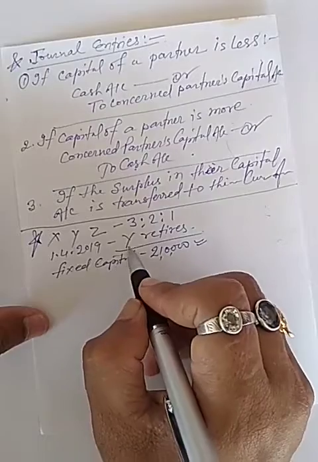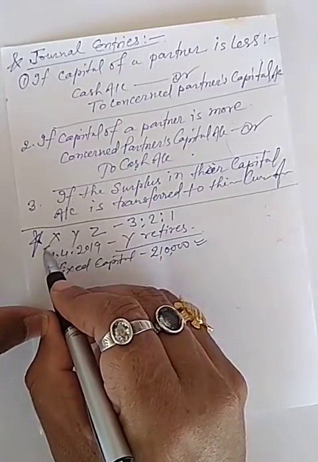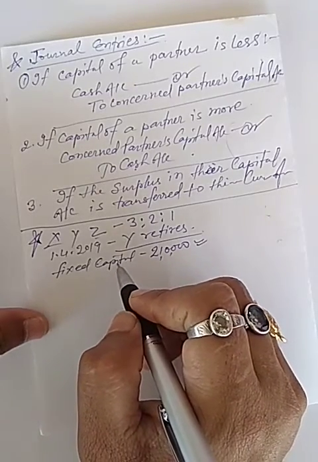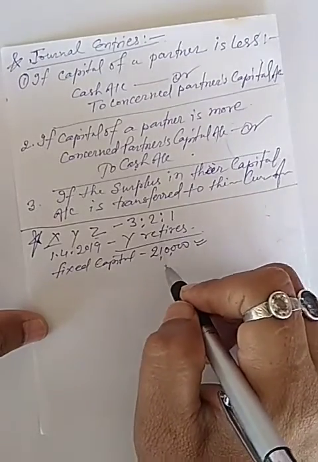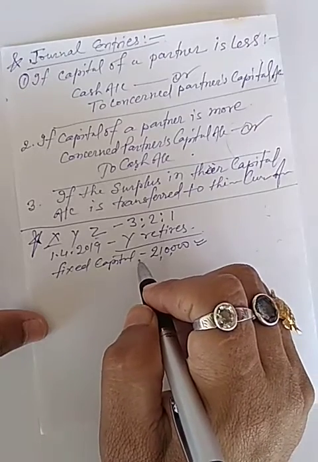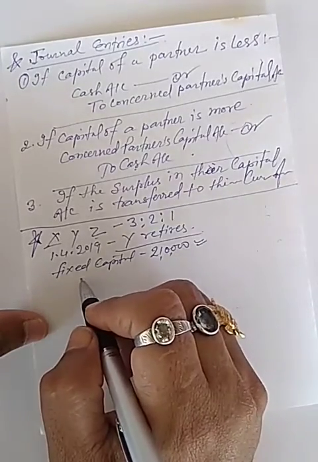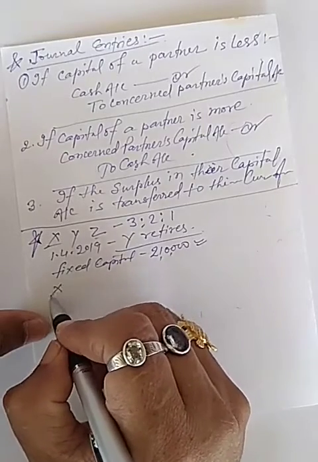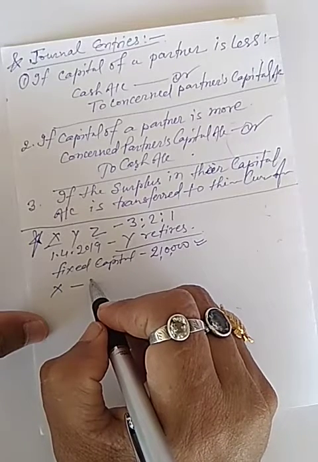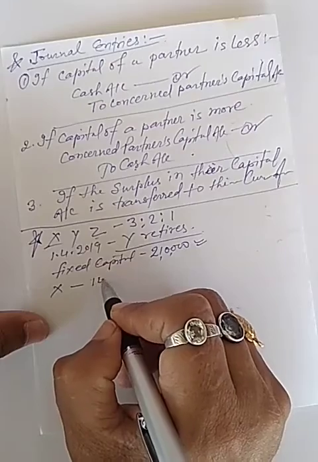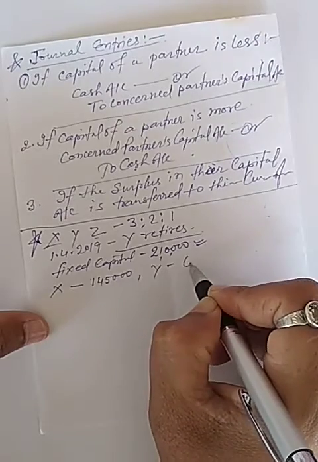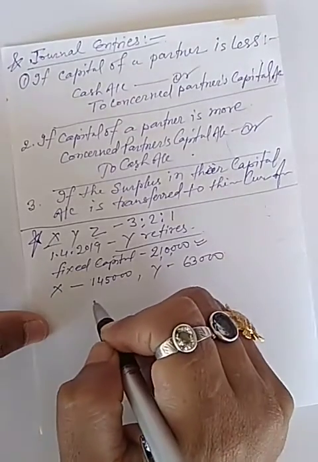After Y's retirement, X and Z agreed to share the fixed capital of 2,10,000 in their profit sharing ratio. The capital accounts of X and Z after all adjustments on the date of retirement show balances: X equal to 1,45,000 and Z equal to 63,000 respectively.